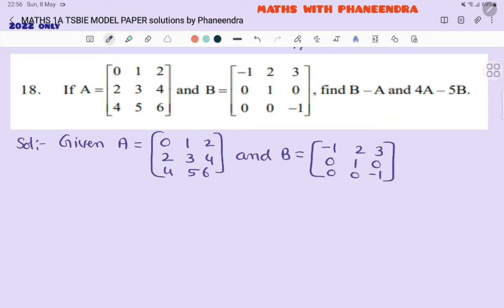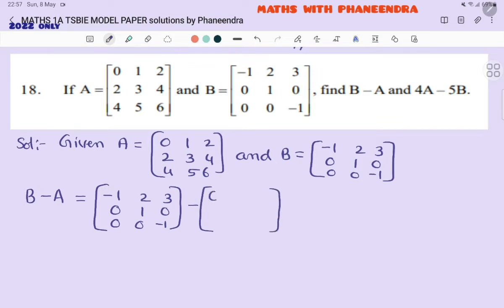Find B minus A. So first B minus A. So B matrix minus 1, 2, 3, 0, 1, 0, 0, 0, minus 1 minus A matrix 0, 1, 2, 2, 3, 4, 4, 5, 6.